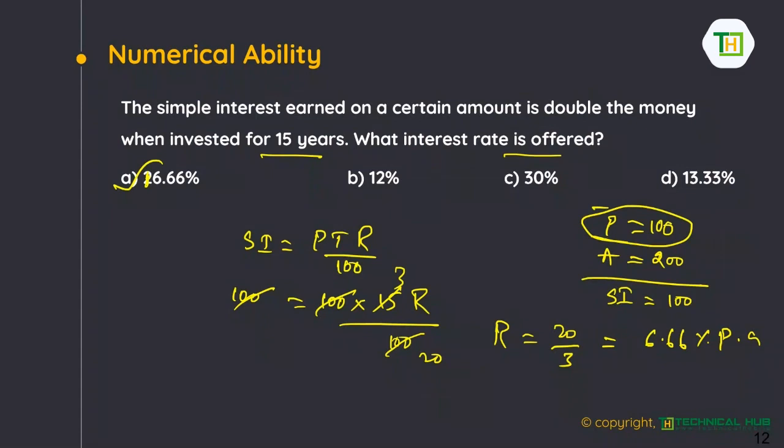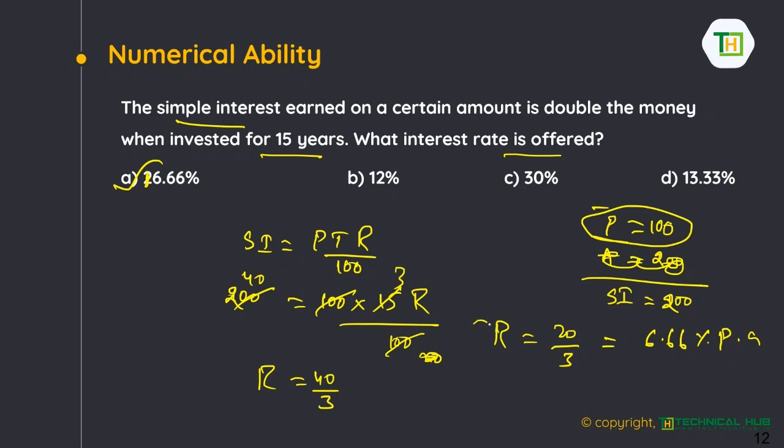Guys, just wait for a second. Here he is saying that simple interest is double the principal amount. It means simple interest is 200, not the principal amount. So these two will be cancelled, and this one will be 40. Therefore, rate of interest is equal to 40 by 3.